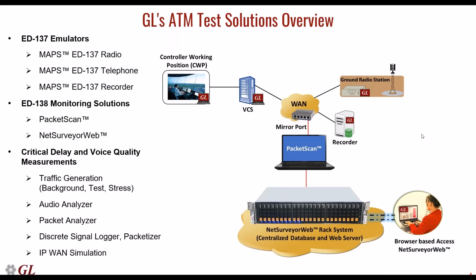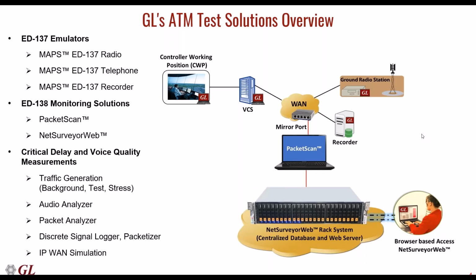The next category is about measuring critical delay and voice quality in the air traffic network. Since the industry is migrating to the new VoIP technology, we are going to change the infrastructure and bring in new devices, and we also need to work along with the legacy equipment.